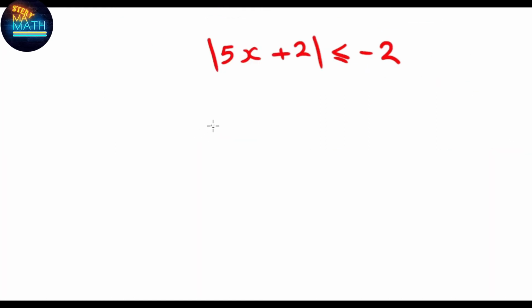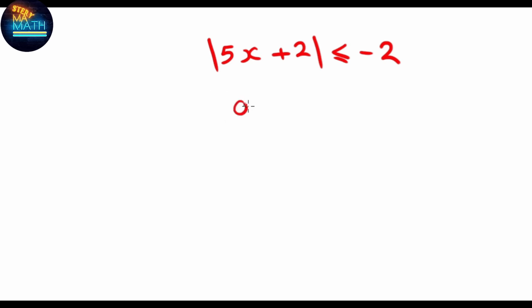The absolute value of 5x plus 2 is less than or equal to negative 2. And because you have the negative number here, you can check the meaning of the absolute value. The absolute value of any number is 0 or a positive number.